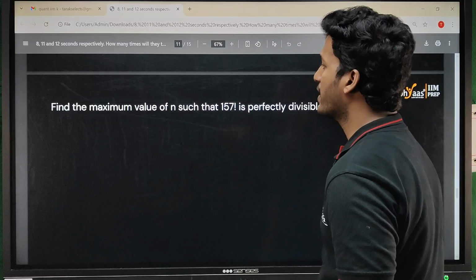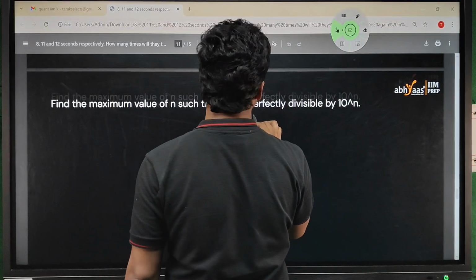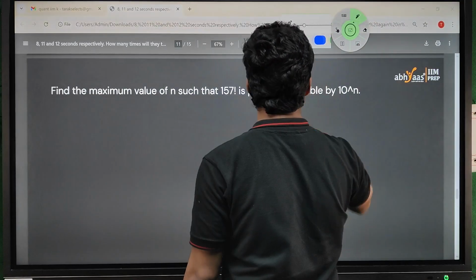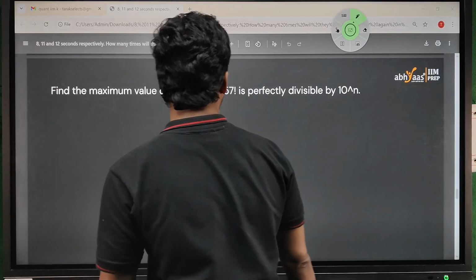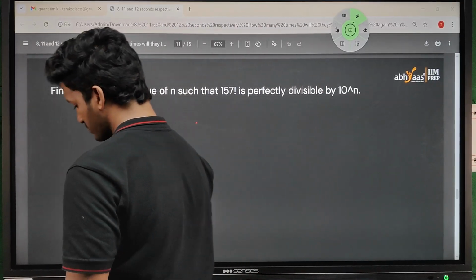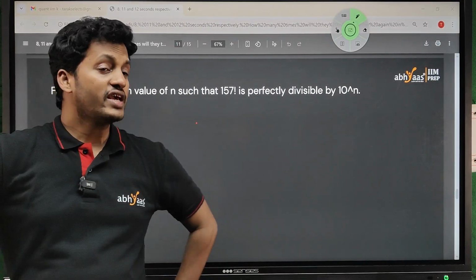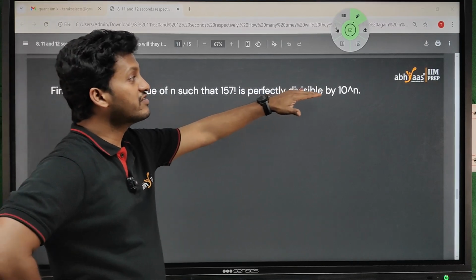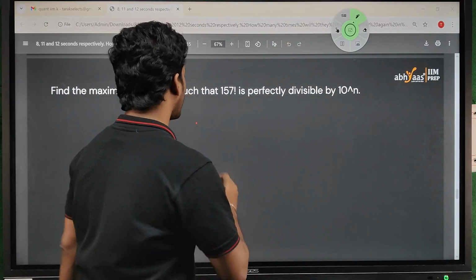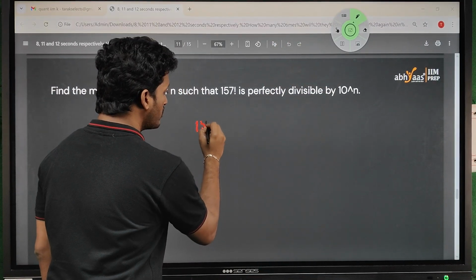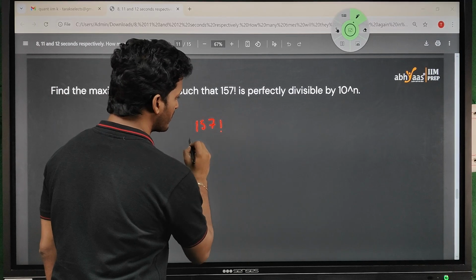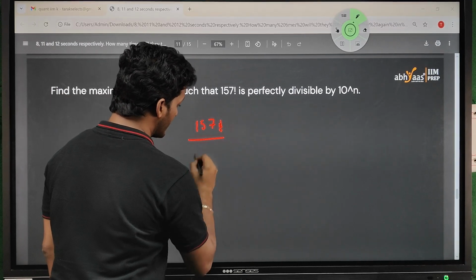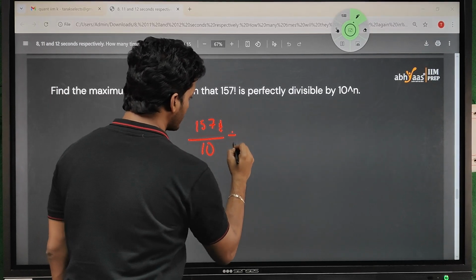Find the maximum value of n such that 157 factorial is perfectly divisible by 10 power n. Now they are clearly asking perfectly divisible by 10 power n. That means I have to see 157 divided not only by this 10.